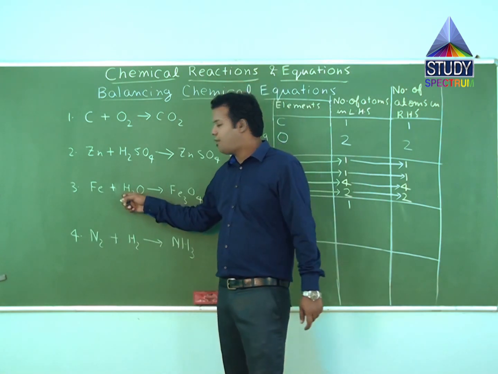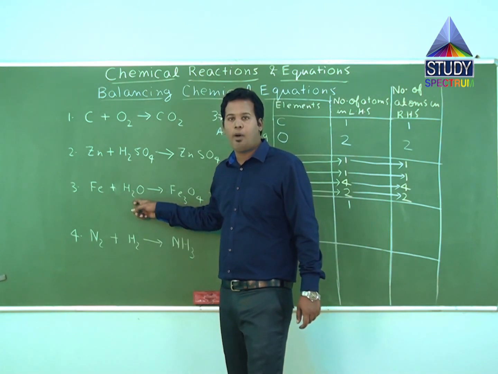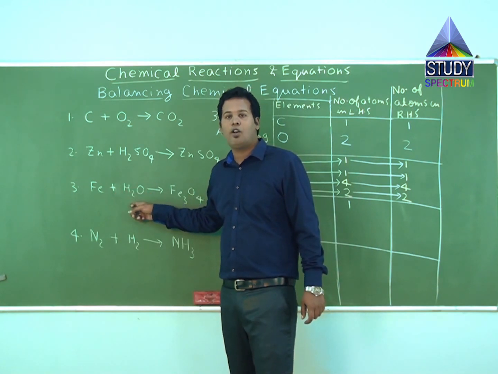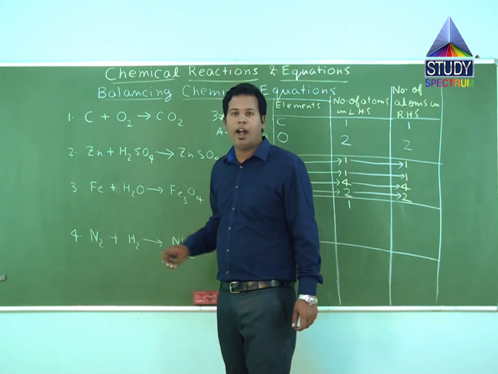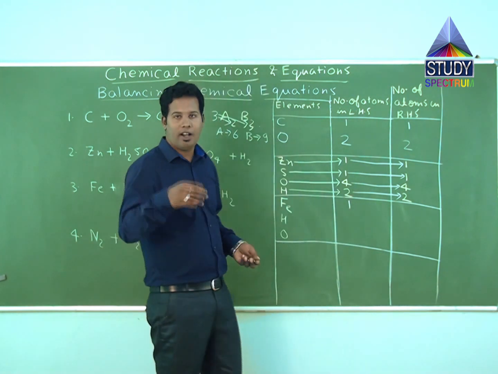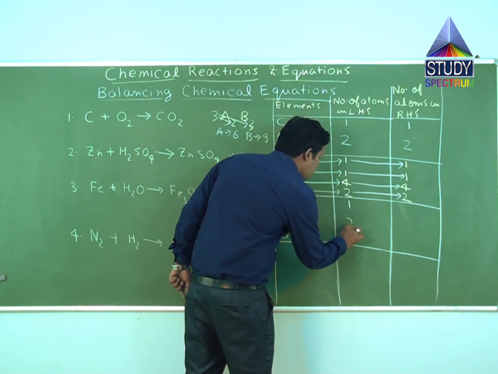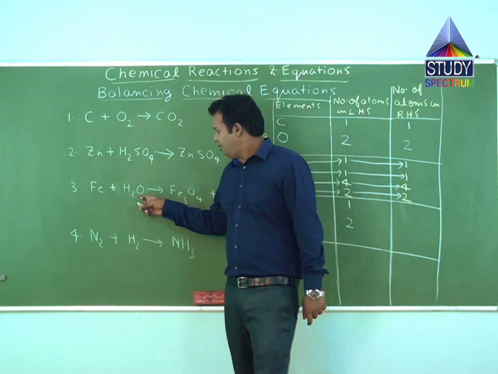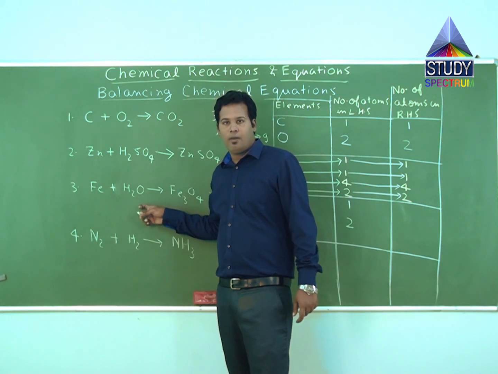If you see the suffix of hydrogen, 2 has been written there, which means the number of hydrogen atoms in this compound will be the coefficient of this compound into the suffix of hydrogen in this compound, that is 1 into 2. So number of hydrogen atoms in LHS will be 1 into 2, that is 2.